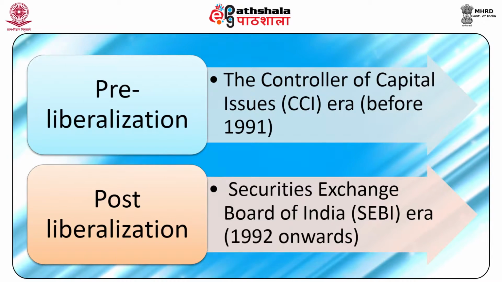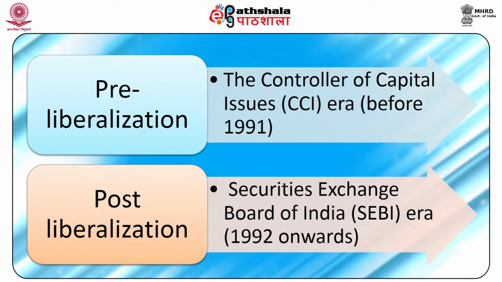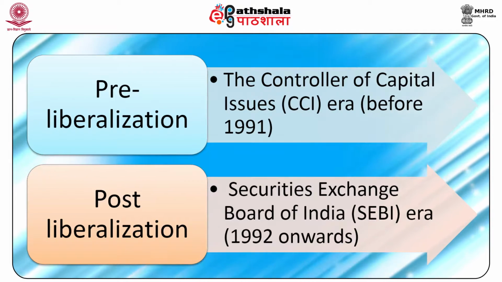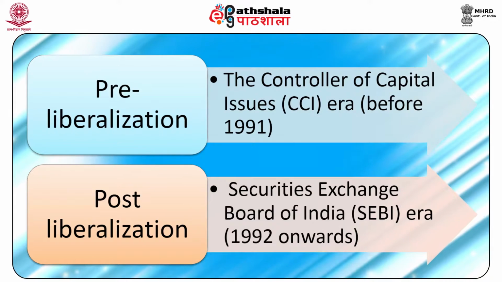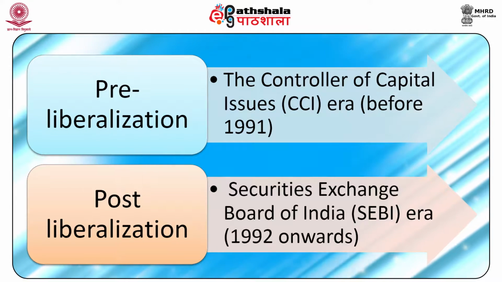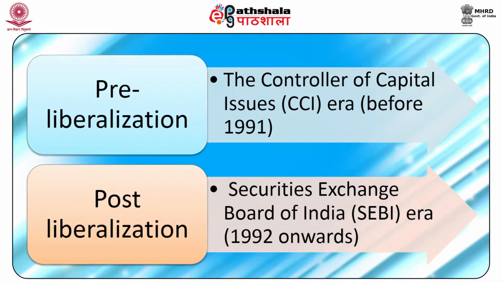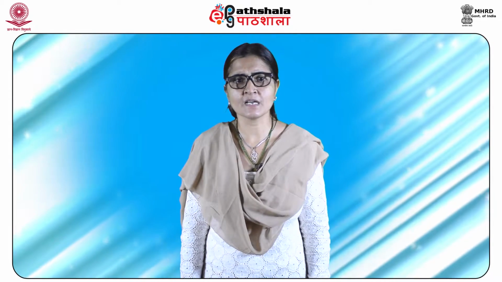The price of an IPO can be studied by taking 2 regimes separately, that is pre-liberalization, the Controller of Capital Issues, CCI era before 1991, and post-liberalization, Securities and Exchange Board of India, commonly known as SEBI era, 1992 onwards. CCI era.